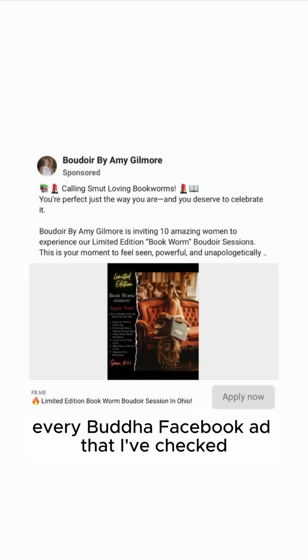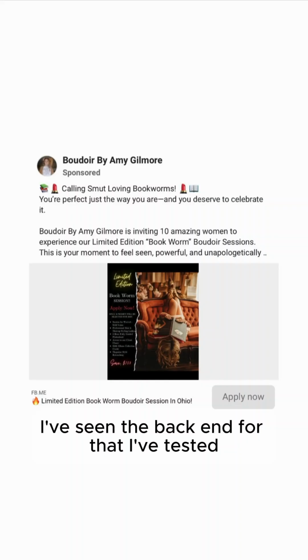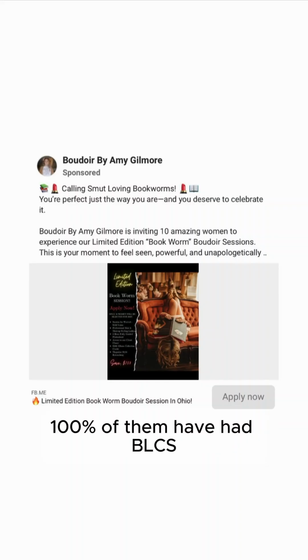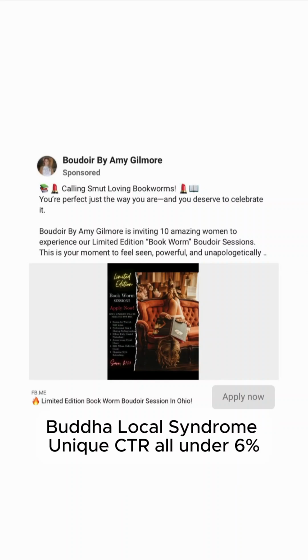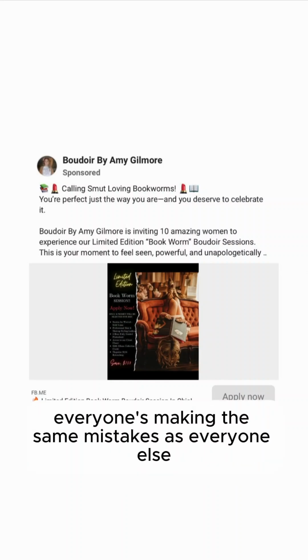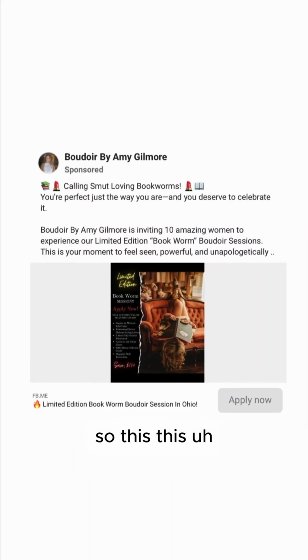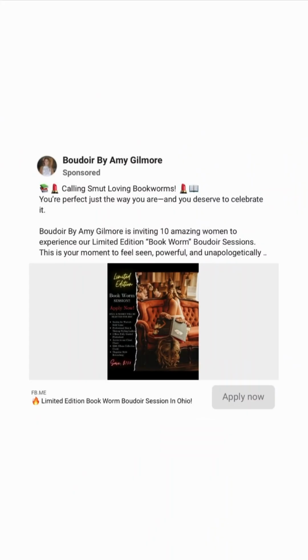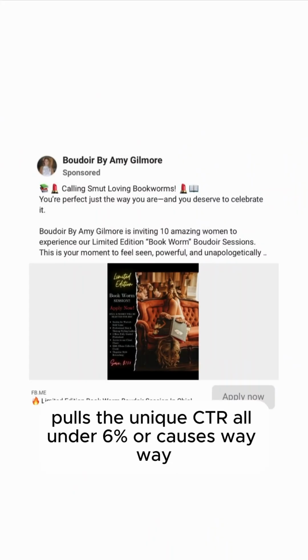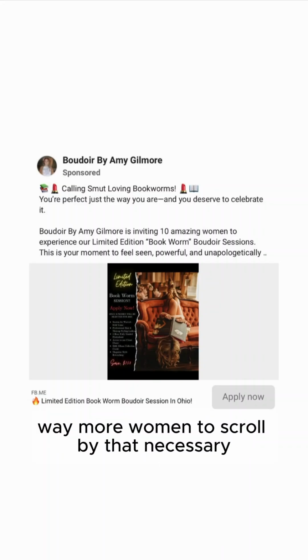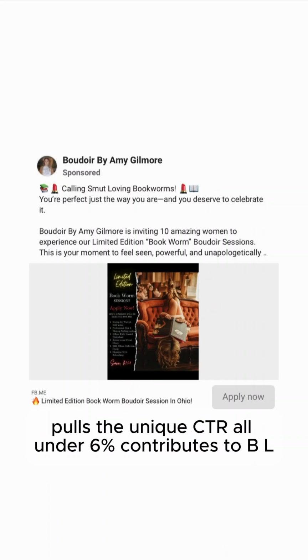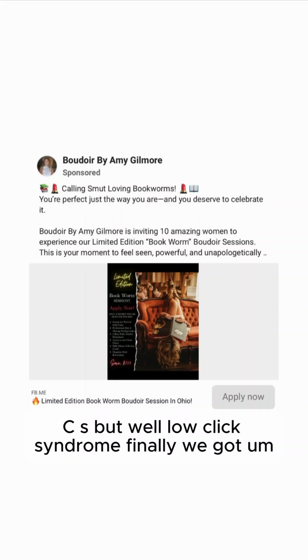Well, every Boudoir Facebook ad that I've checked, that I've seen the back end for, that I've tested, 100% of them have had BLCS, unique CTR under 6%, because everyone's making the same mistakes as everyone else. So this looks-like-an-ad mistake causes way more women to scroll by than necessary, pulls the unique CTR under 6%, and contributes to BLCS.